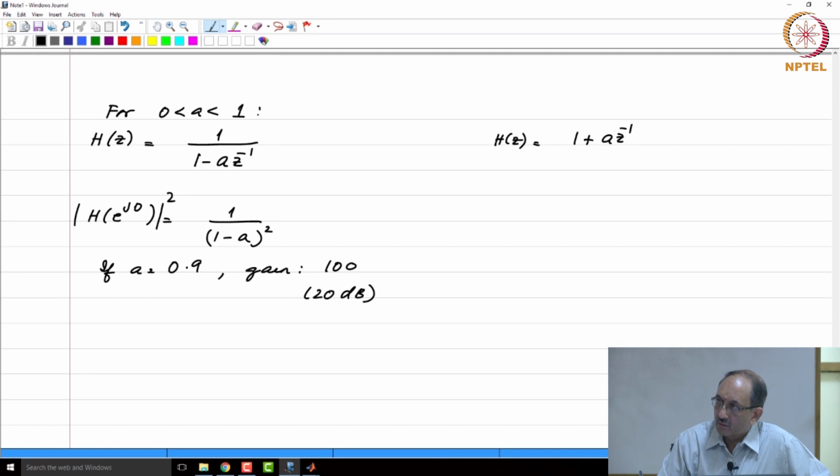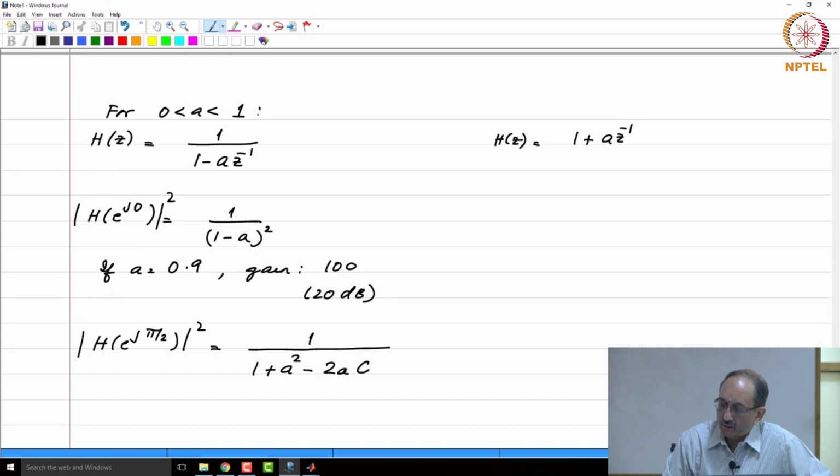Now, let us look at some other comparison point. Let us look at H of e to the j pi by 2. We are evaluating the frequency response at pi by 2, and remember this is 1 plus a square minus 2a cos omega minus theta.